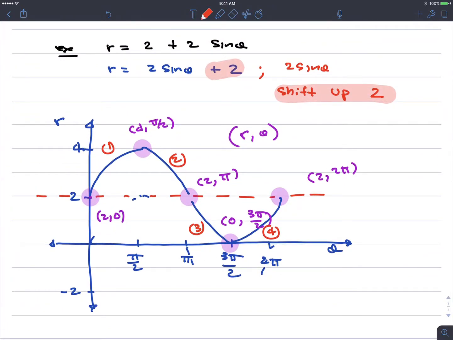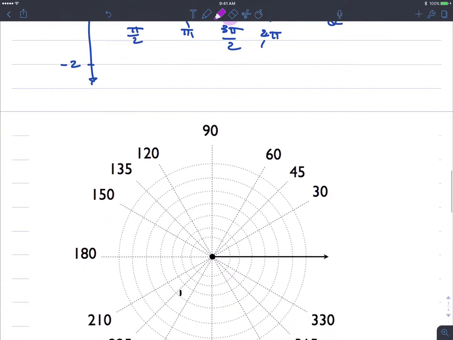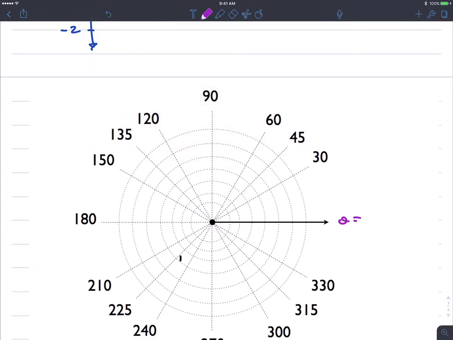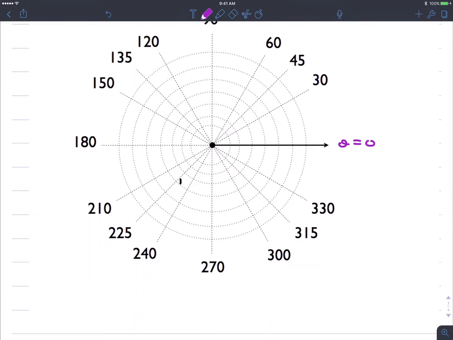What kind of shape is this going to be? It's a cardioid. Let's take a look. Let's plot the first point. You guys ready to plot the first point? 2, 0. Where is 2, 0? Theta here is 0. Where's my radius of 2 now? It's positive 2, so it should be right here.